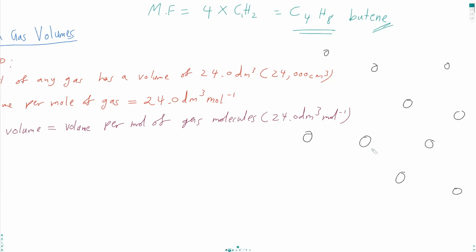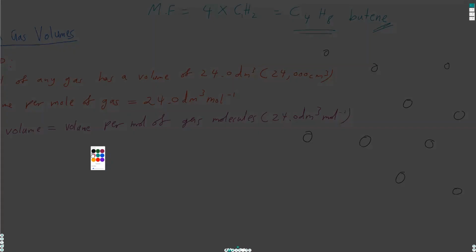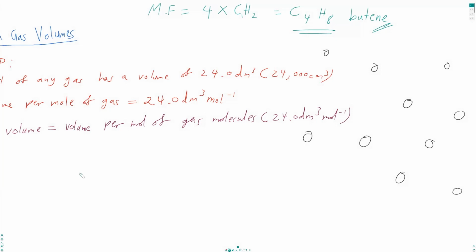You can work out the amount in moles by dividing the volume by the molar volume. So if volume V is in dm cubed, then n, the number of moles, equals V over 24.0 moles.